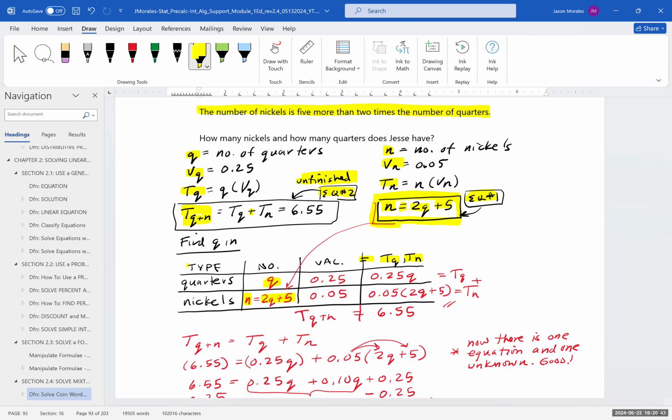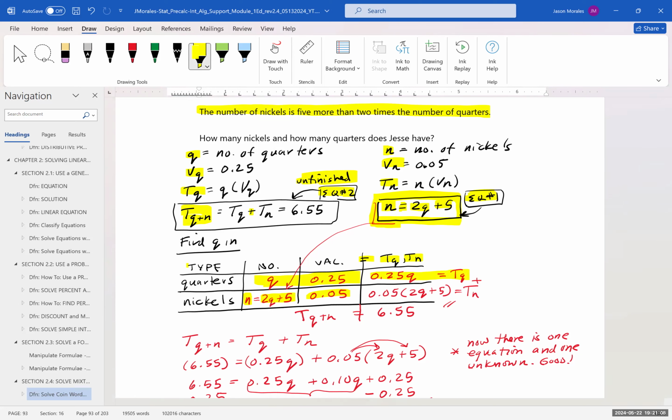All right, so the next column, we've got the value of quarters, which is 0.25. The value of a nickel is 0.05. And so the total value in quarters is going to be multiplying straight across. So we've got 0.25 times Q. And that's what the total in quarters is going to be equal.